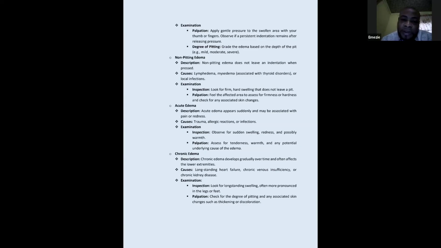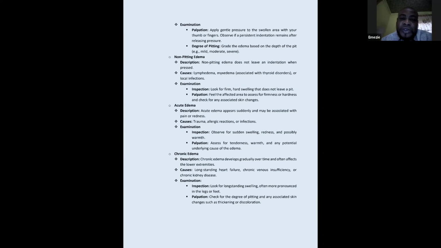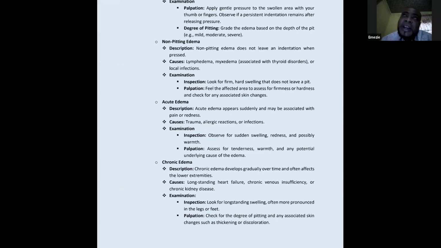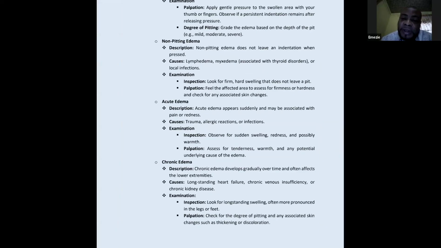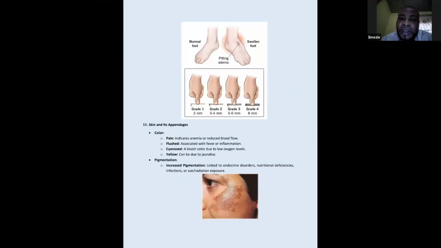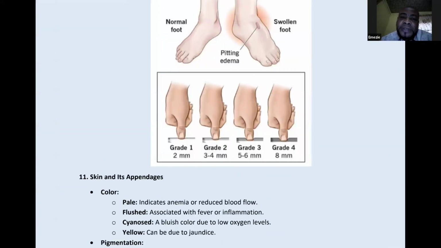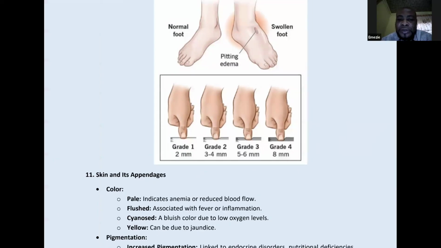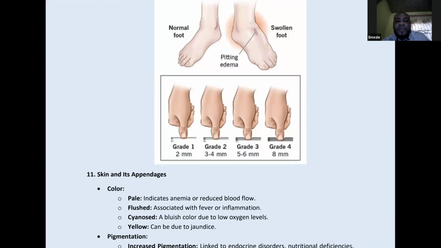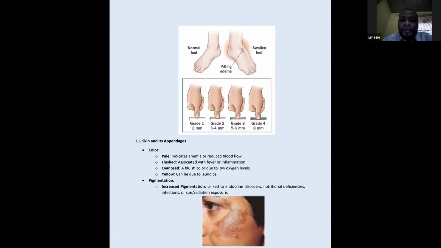But just know that there is pitting edema and non-pitting edema. A pitting edema will depress when you press it, and non-pitting edema will not. This edema can be graded as grade 1, 2, 3, or 4, depending on how deep the place goes in when you press.